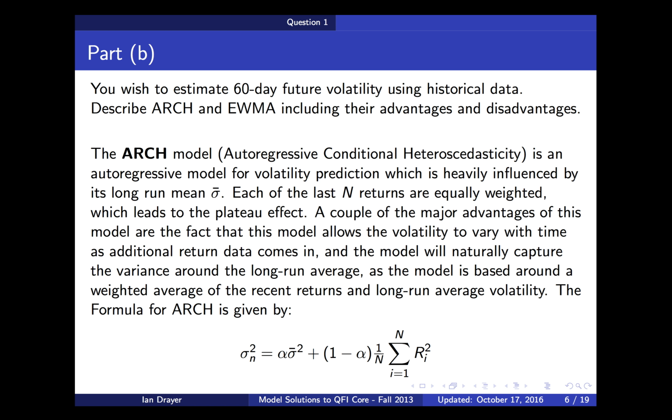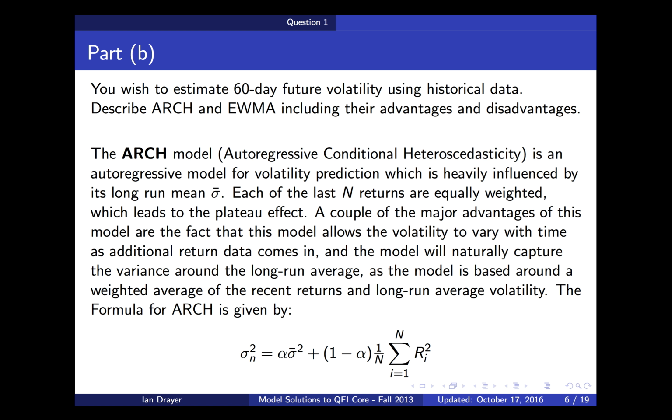The ARCH model is an autoregressive model, meaning that it takes its own feedback into its future predictions. The ARCH model is special in that it uses a long-run mean, sigma bar, in order to help stabilize the predictions of the volatility. We look at the historic data where each of the last n returns are equally weighted, in contrast to the exponentially weighted moving average model.